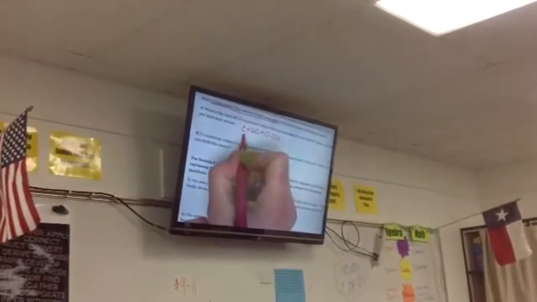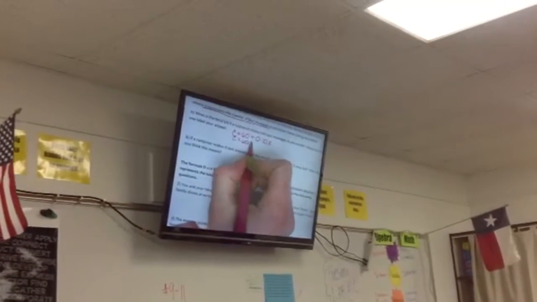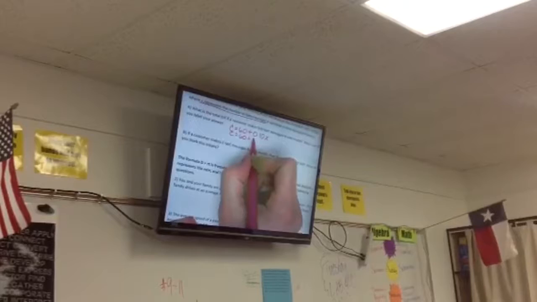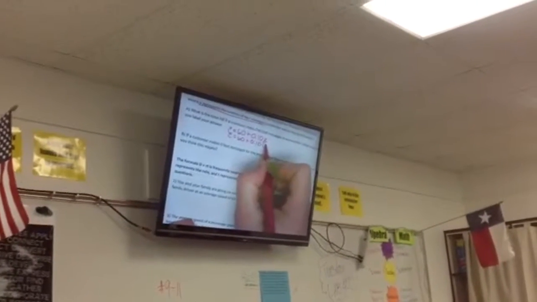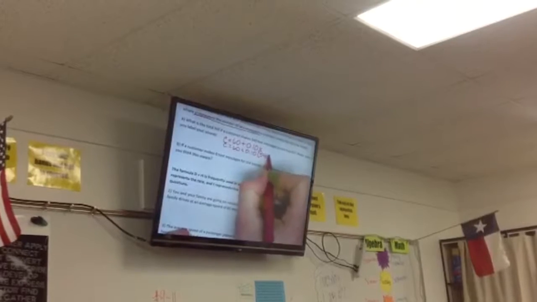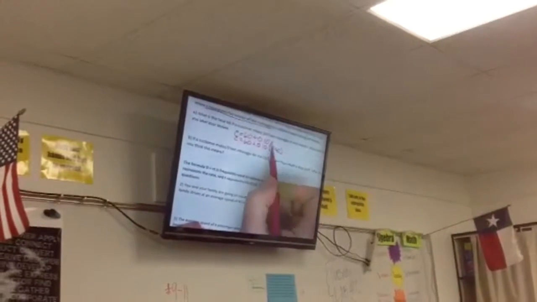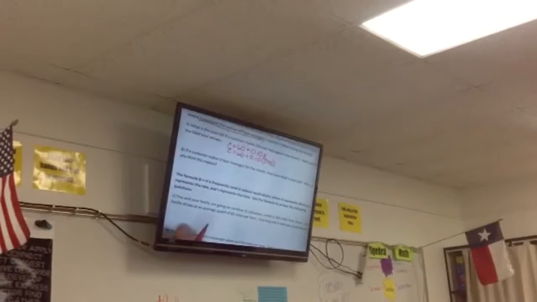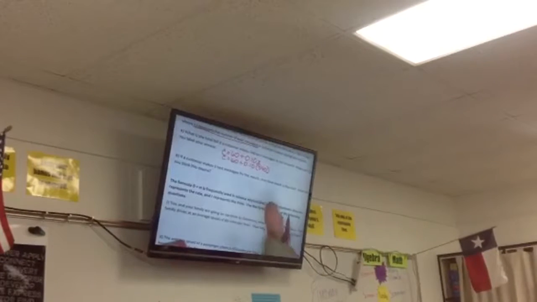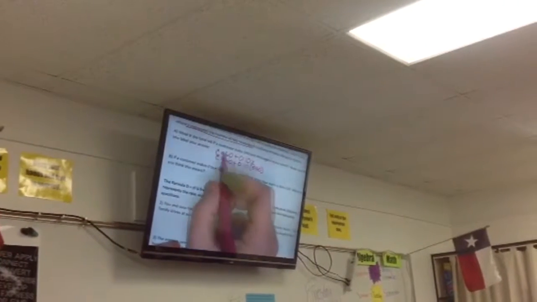You put C equals 60 plus 0.10 parentheses 540. So I've got to plug in the 540 where the X was to figure out the total cost of my phone bill. Now we have everything in there that we need, so I'm going to solve it.